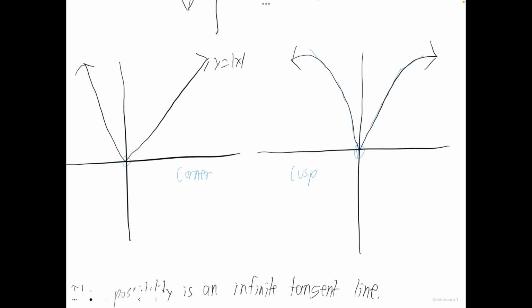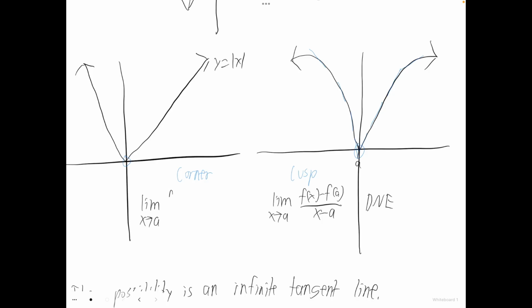In this situation, the limit won't exist. So in this case, if you looked at the limit as x approaches a of f of x minus f of a over x minus a, in both of these cases, this is not going to exist.